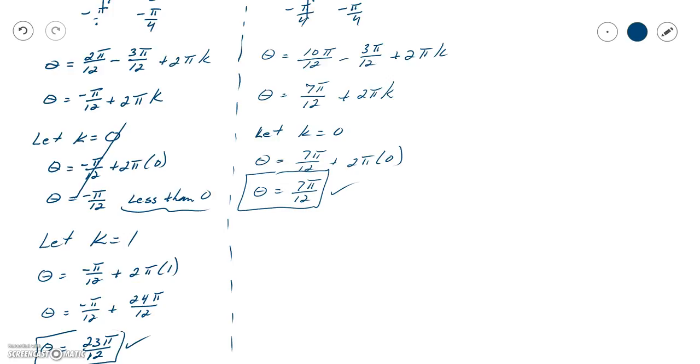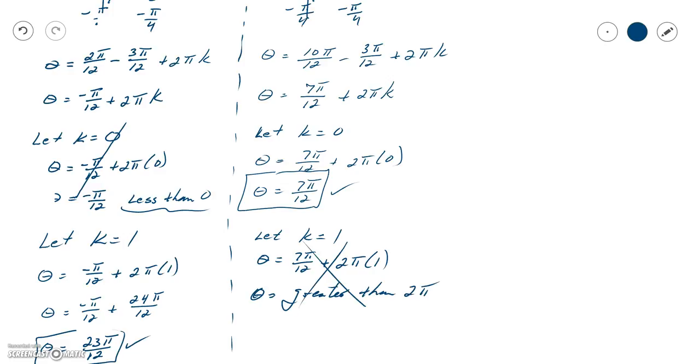Let's see what happens when we let k equal 1. So theta is going to be 7 pi over 12 plus 2 pi times 1. Well, I can see, common sense, that 2 pi plus 7 pi over 12 is going to be greater than 2 pi, which would be outside the range. So I don't even need to test that. I'm not counting that one.